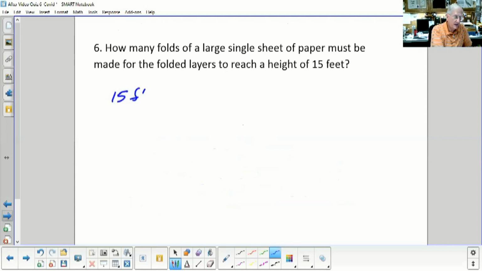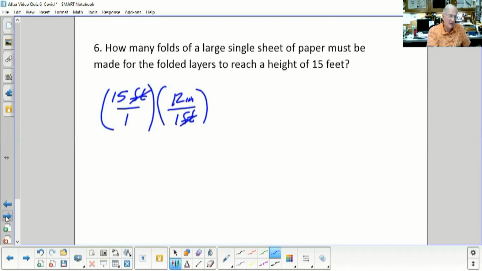15 feet, I use dimensional analysis over 1. There are 12 inches. Remember, I put the 12 on top because feet has to go on the bottom, so it will cancel. So now my answer would be in inches if I multiplied these two together. And now what do I use for a conversion factor?